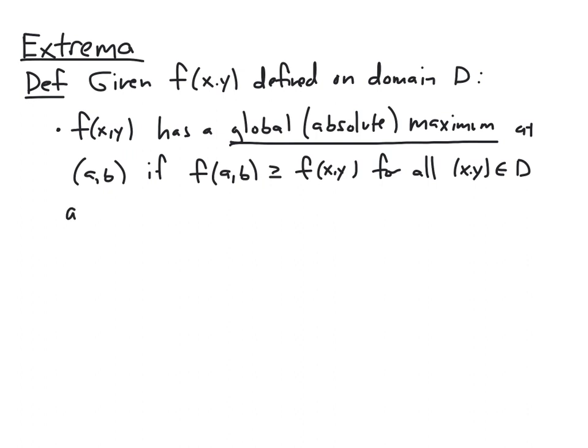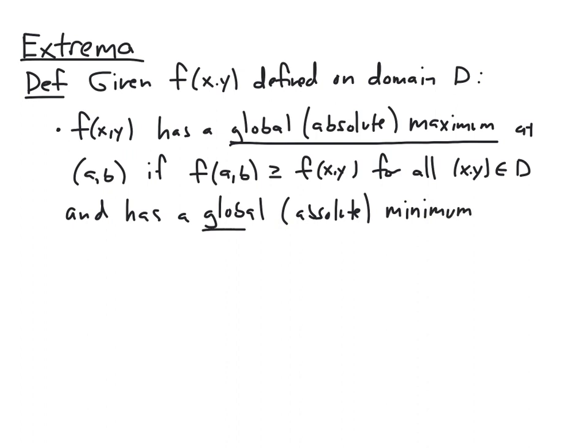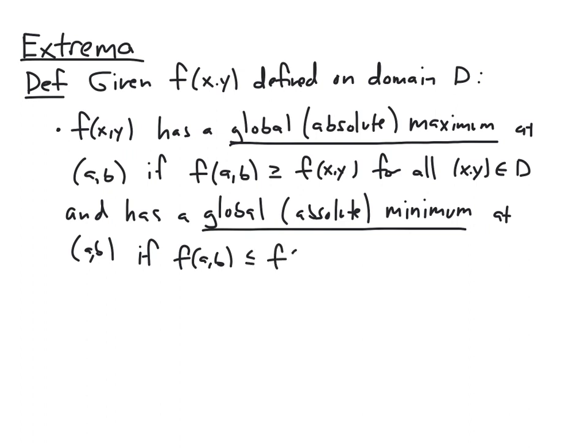And similarly, we'll say it has a global or absolute minimum at (a, b) if f of a, b is less than or equal to f of x, y for all (x, y) in the domain.